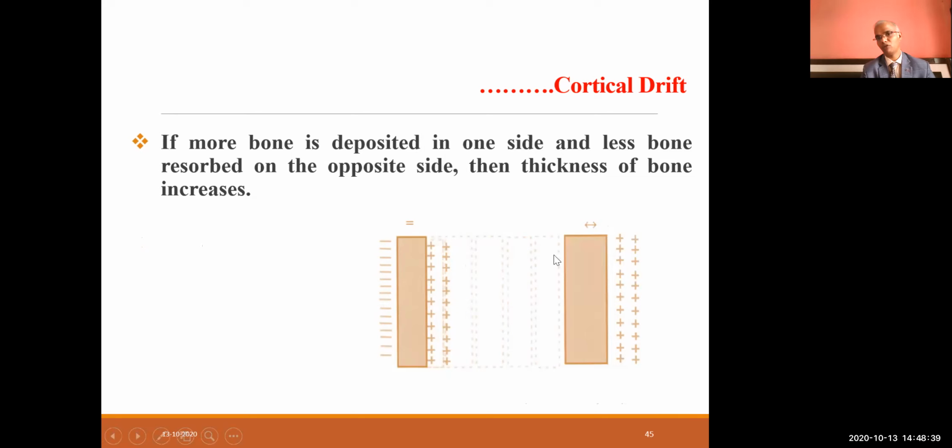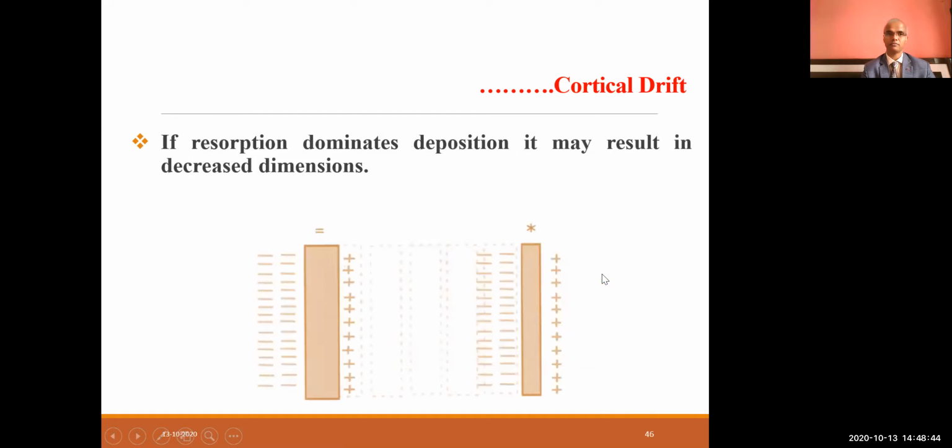Here from the initial to the final stage, we can see that the thickness of bone is increased. If resorption dominates deposition, meaning more bone is removed from one side and less bone is deposited, then the thickness of bone is decreased. Here you can compare the initial and final thickness of bone. The final thickness is less because more resorption occurs.